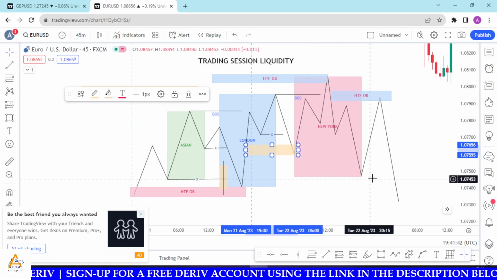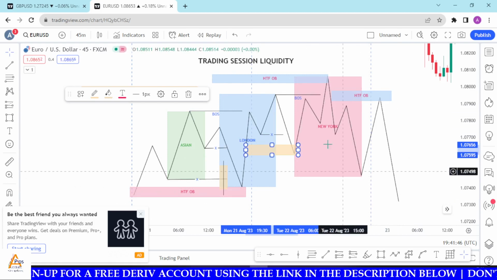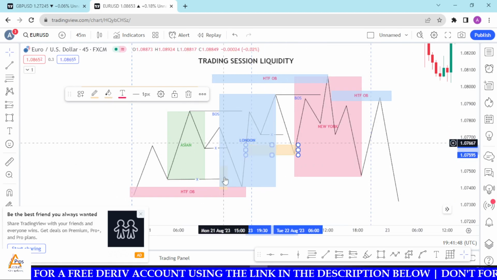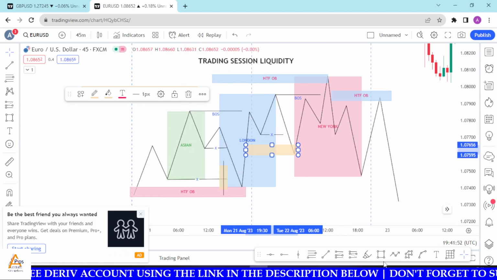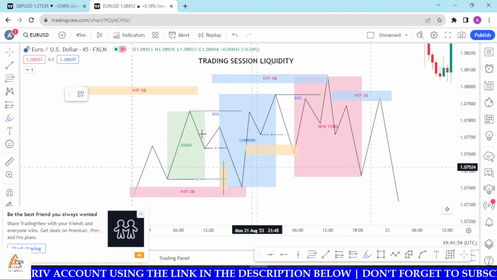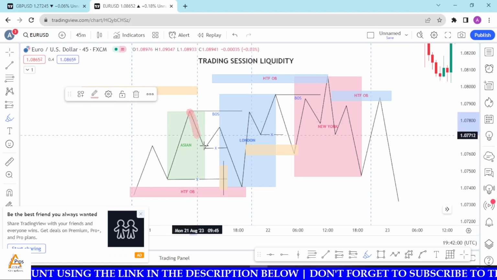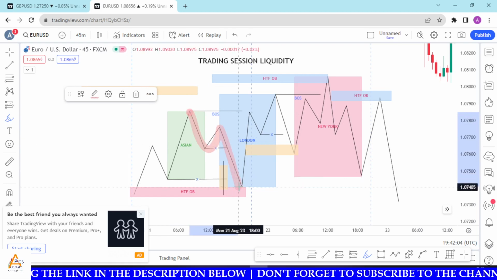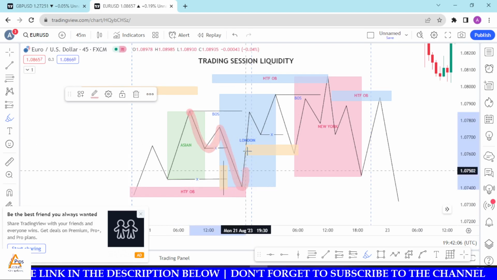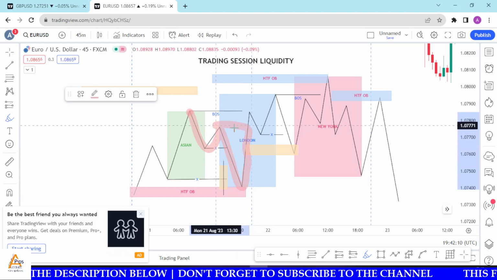So this is how the session liquidity acts. At the end of the day, we take out this liquidity, this liquidity, and this liquidity, and there could be a lot of ways. Let's say for instance, it could be this way. Price will come down, break this, then pick up liquidity over here.